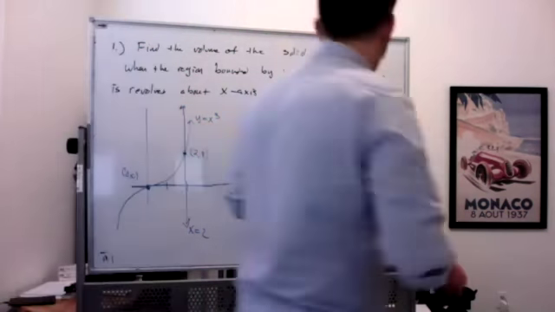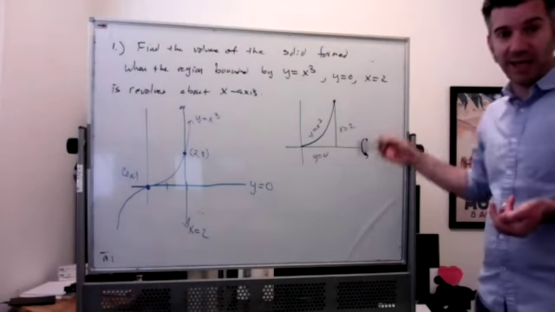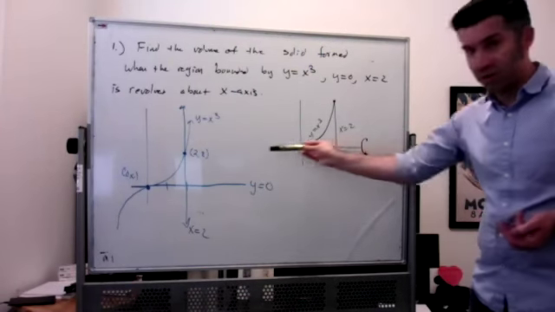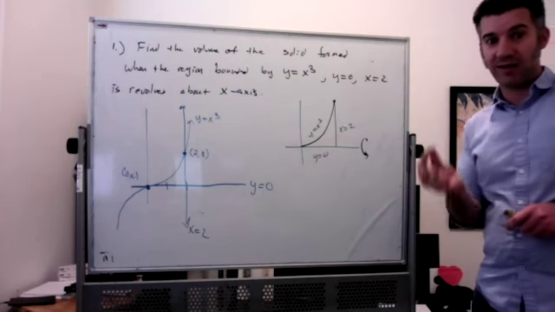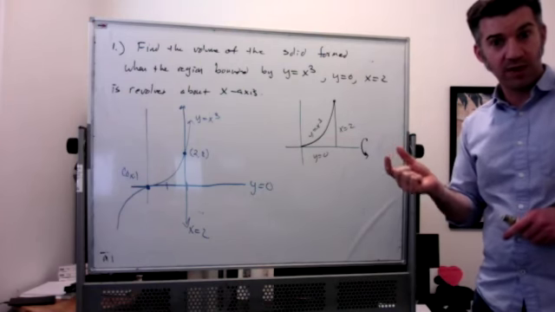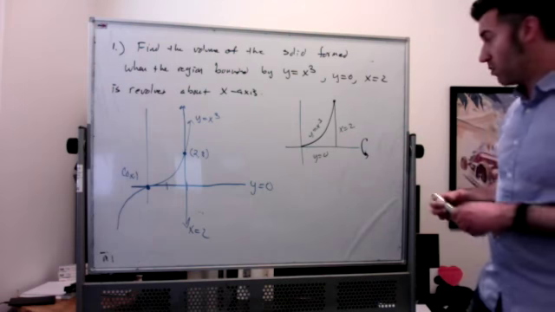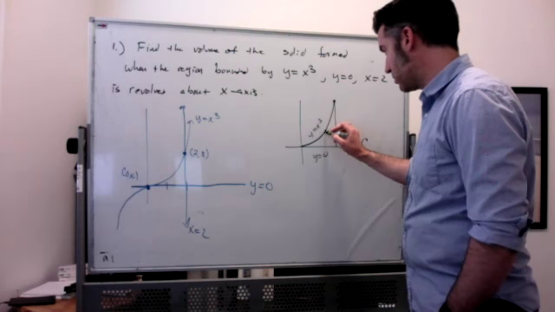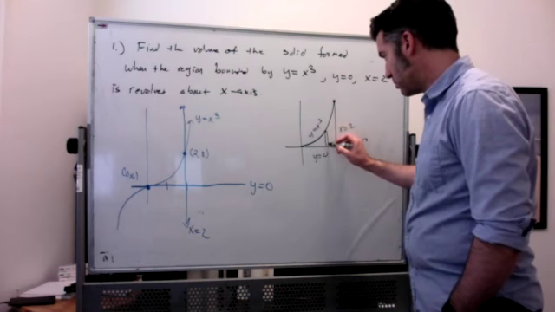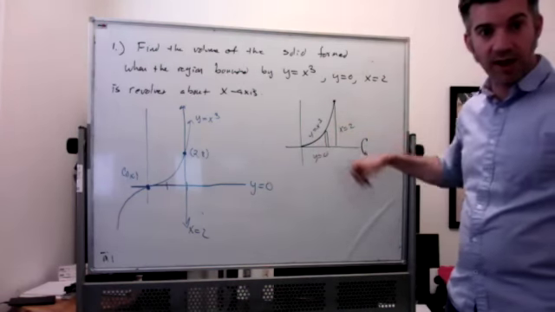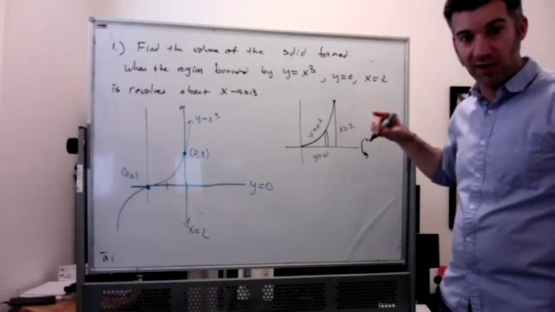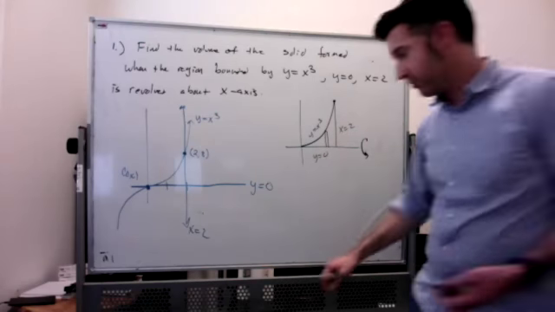So, since we are rotating around the x-axis, which is a horizontal axis, our rectangles have to be vertical rectangles. And the reason is because the method we're using, which is called the disk method, right, relies on these rectangles rotating around the axis of rotation that they're perpendicular to and making a disk.